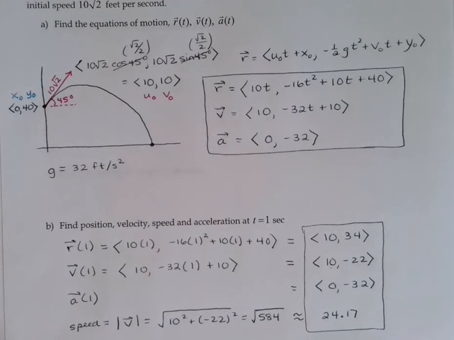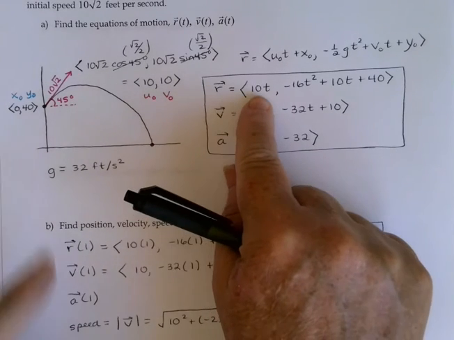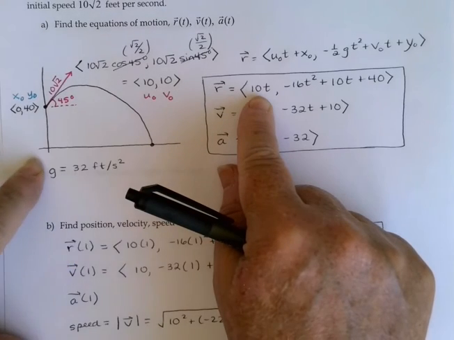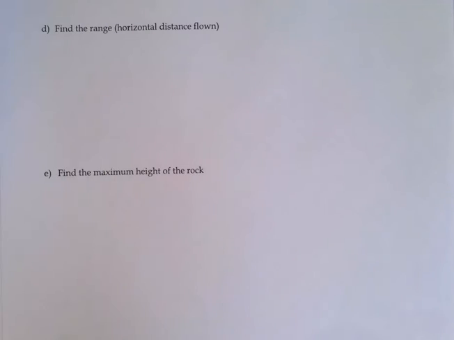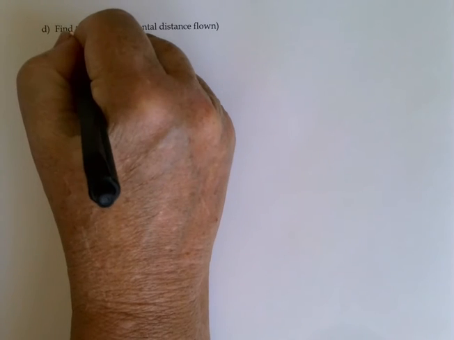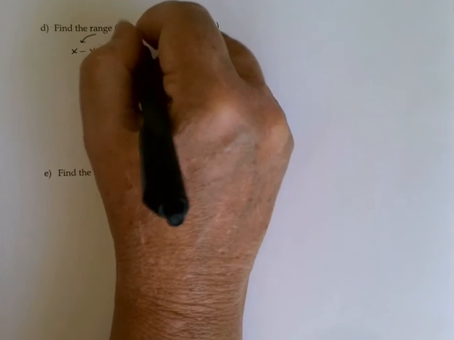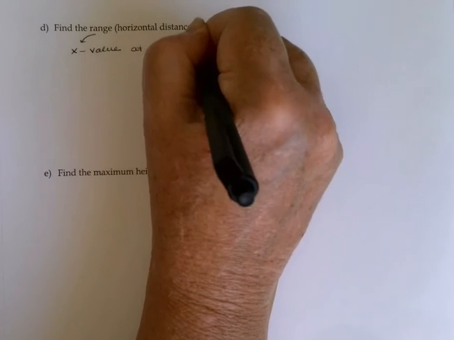So I know it took 1.924 seconds to land. If I plug that 1.924 back into my position equation, the x value is going to give me this distance right here that it flew horizontally. So I'm looking for the x value at the time of flight.